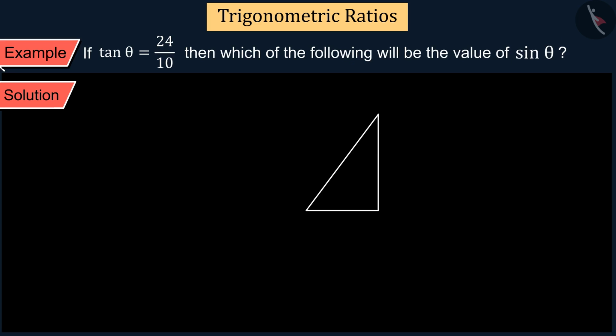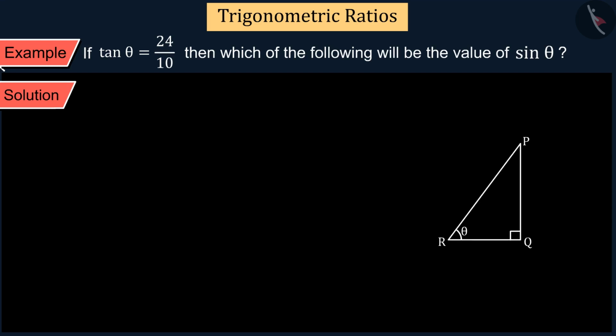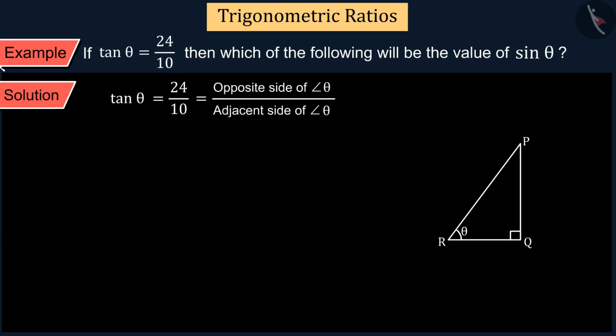So first, we draw a right angle triangle called PQR, in which angle Q is the right angle and angle R is theta. We know that the trigonometric ratio tan of the angle theta is equal to the ratio of the opposite side to the adjacent side of the angle.